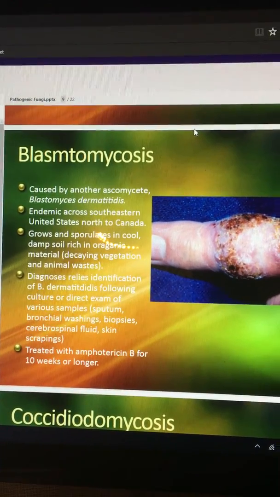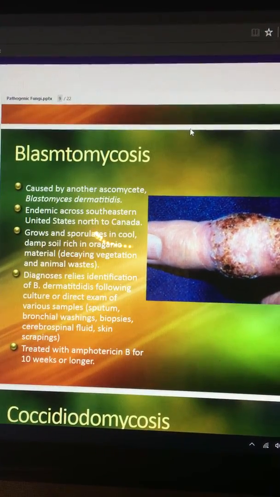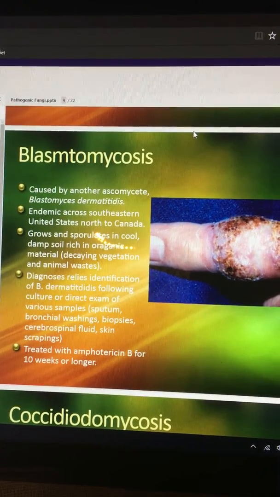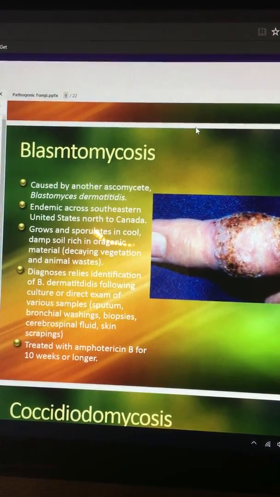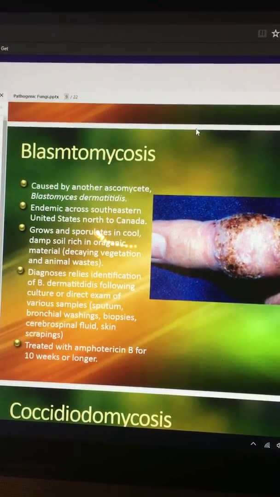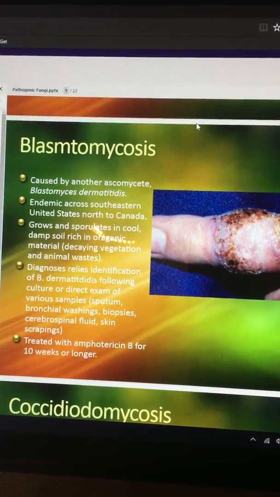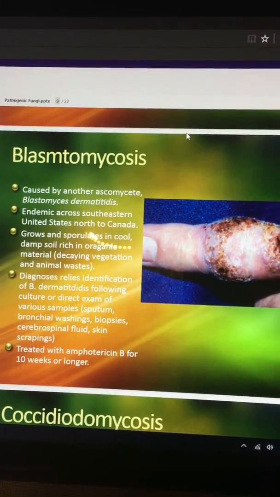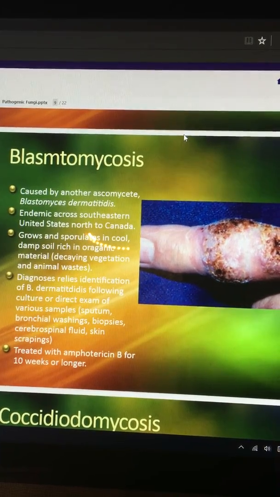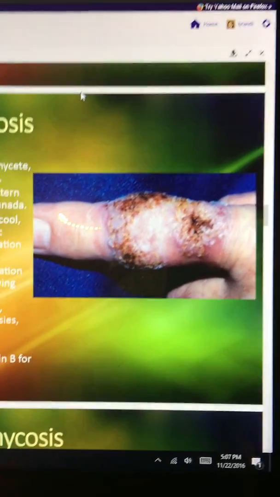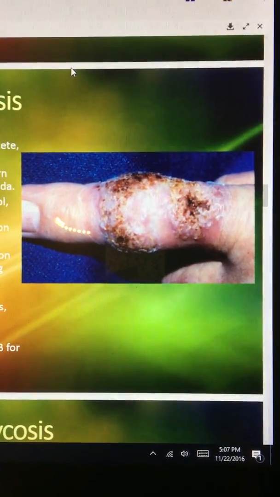Diagnosis relies on identification of B. dermatitidis following culture or direct exam of various samples, such as sputum, bronchial washings, biopsies, cerebrospinal fluid, and skin scrapings. It's treated with amphotericin B for 10 weeks or longer, and this is a picture of someone who has that.